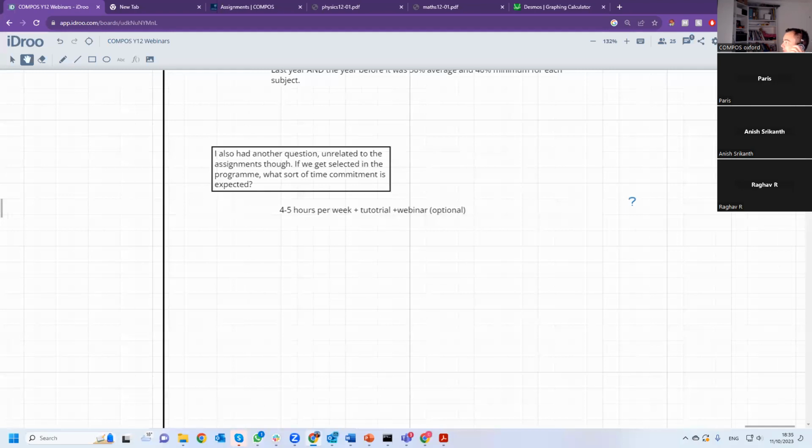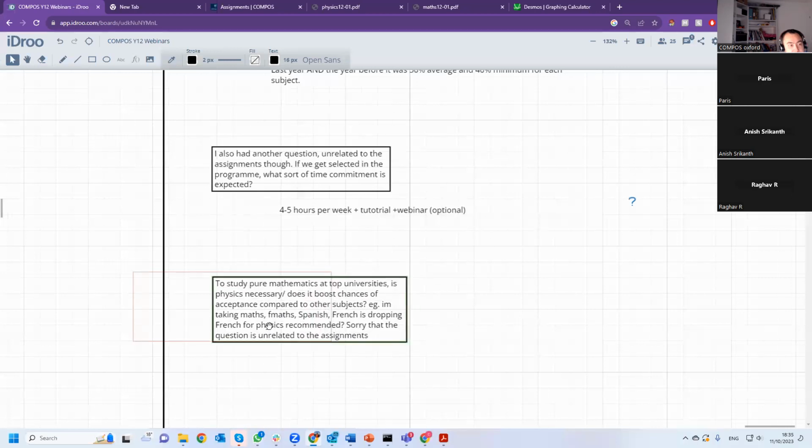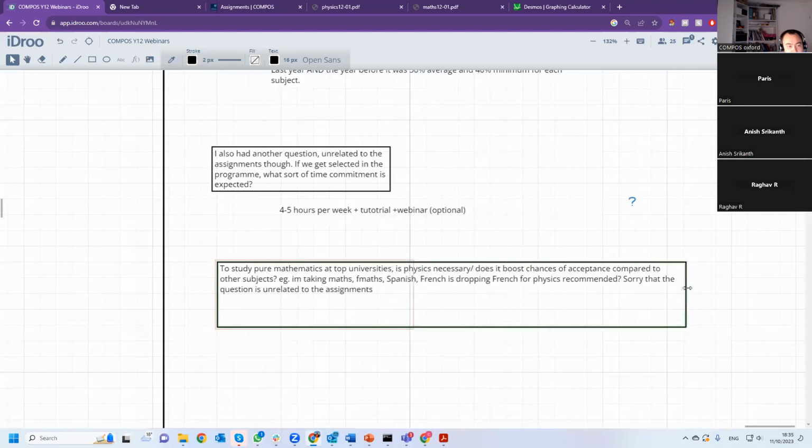To study pure maths at top universities, is physics necessary? Does it boost chances compared to the other subjects? Taking math, further math, Spanish, and French, is dropping French or physics recommended? That's a good question. Look, if you're doing pure maths, and you are certain that you can get a top grade in maths and further maths, then it doesn't matter.